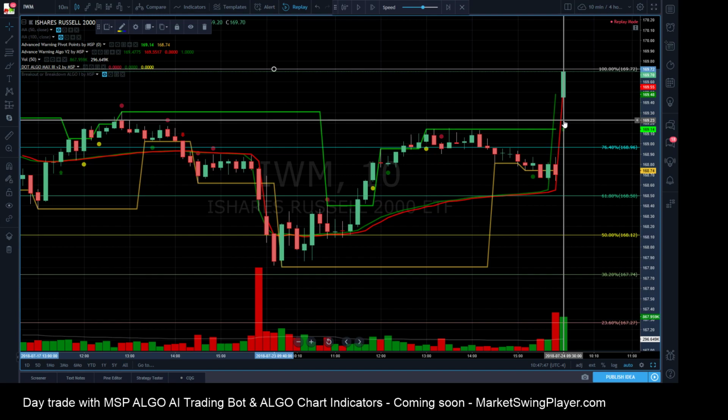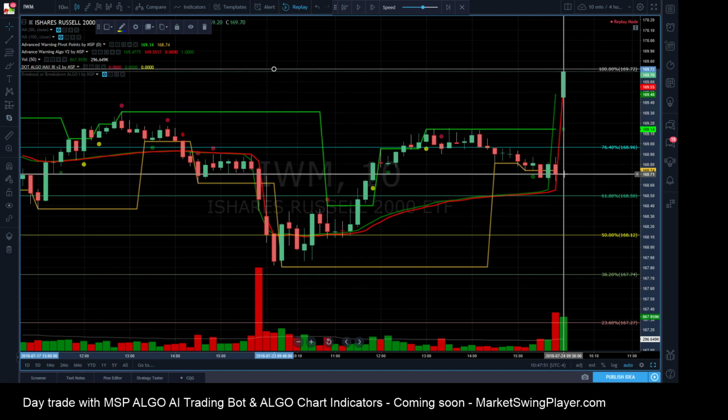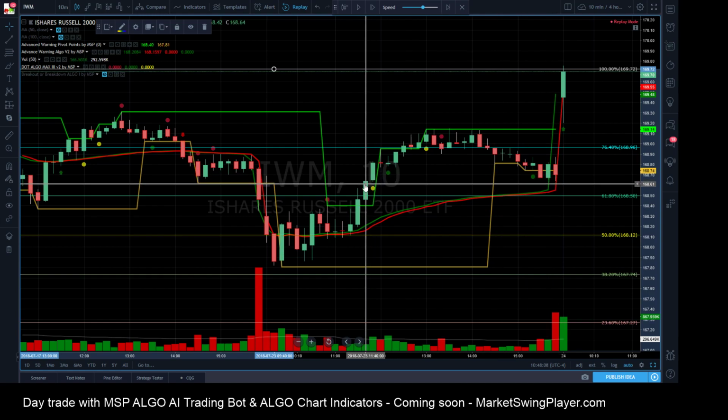And it was a gap up. Price met a little resistance there, but it looks pretty good. But MSP ALGO is saying to short this. I don't see any sign of shorting this. The chart's not showing it yet. Let's see. We need to see selling, right?